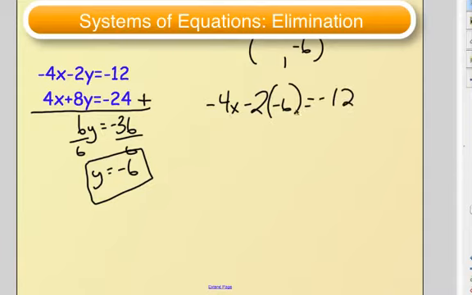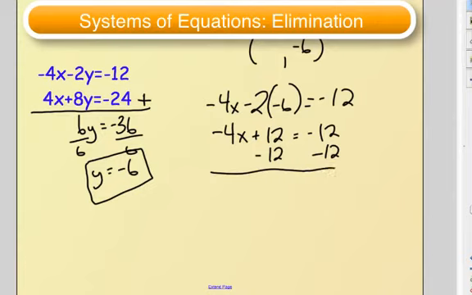I'm basically going to go through what I always do to solve an equation. I'm going to simplify as much as I can. Once I do this multiplication, negative 2 times negative 6, I get a positive 12. Now I'm at a standard two-step equation that we have done 400,000 times. Be careful on this one. Everybody wants to make this 0. It's not.